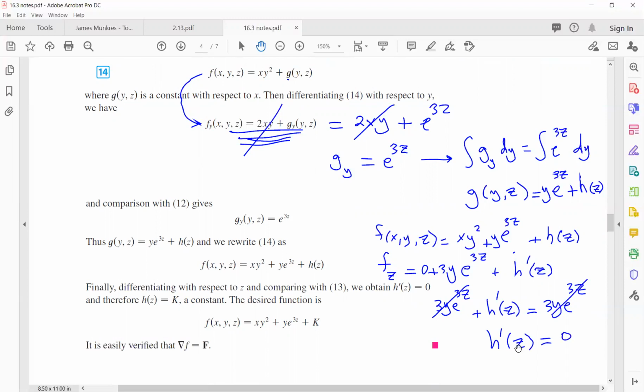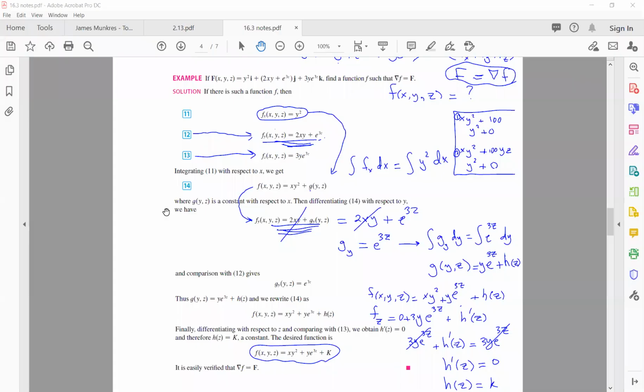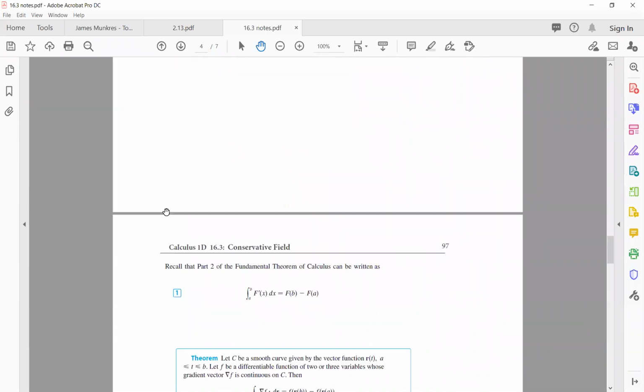It means that your h was just a constant function like k. So now that we know h of z is k, we can just substitute that here, and our potential function is x y squared plus y e to 3z plus k. This is our potential function. Next page.